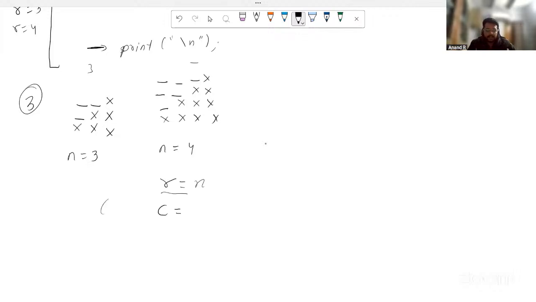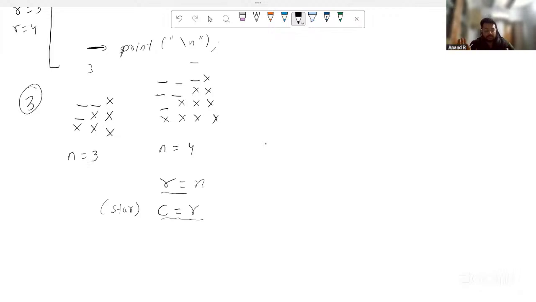C denotes star here. In each row, how many stars are there? And what is the relationship? C is equal to R. Is this clear to everyone? Rudra, Ankita, is it clear that C is equal to R?